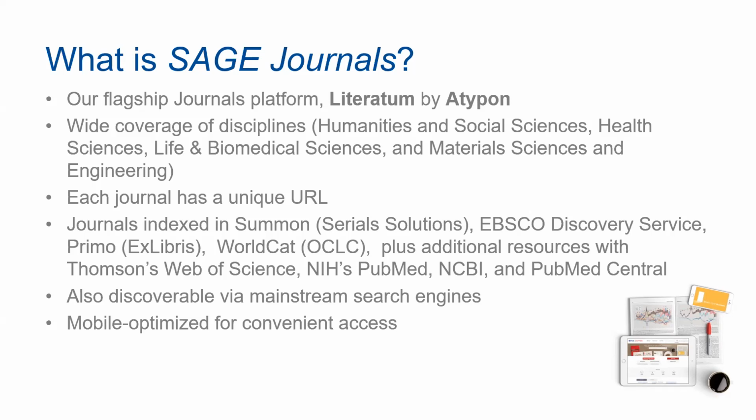We've also worked really hard to make sure that the experience of using the Sage Journals platform is optimized no matter the size of your device screen. If you are doing your library research through your mobile device, the experience has been optimized for those smaller screens, and for tablets as well, for example.